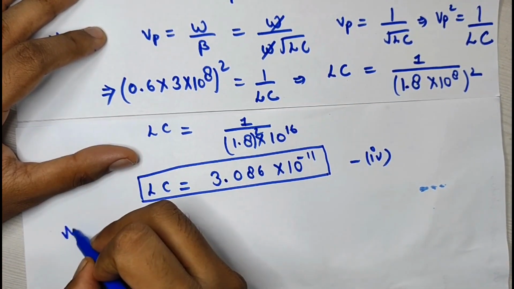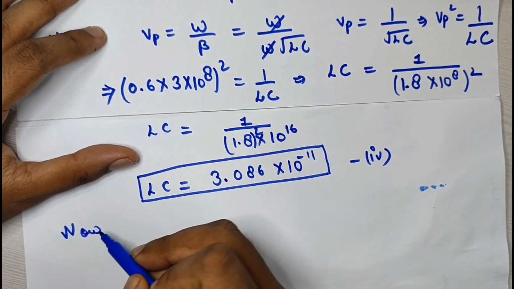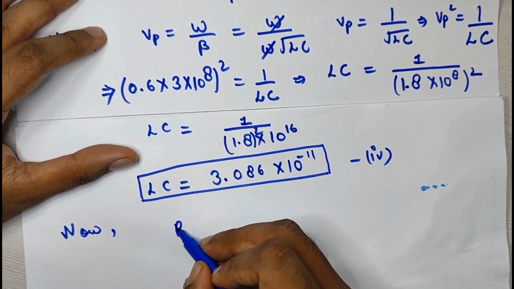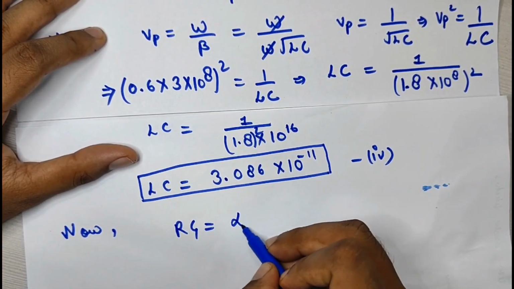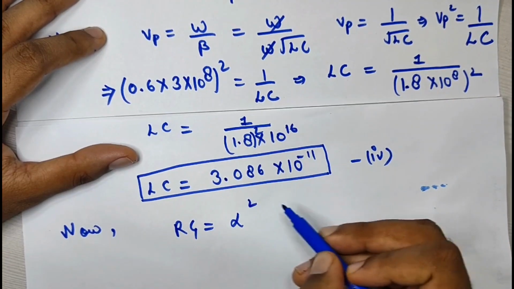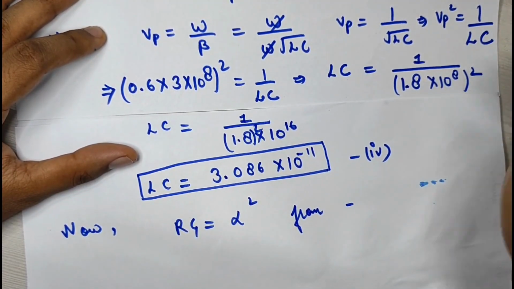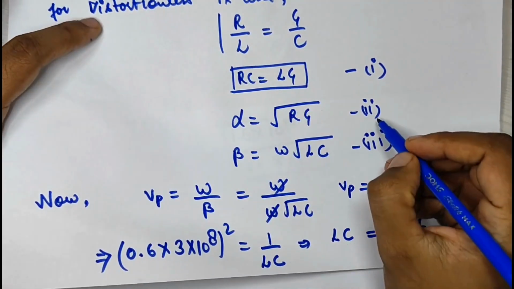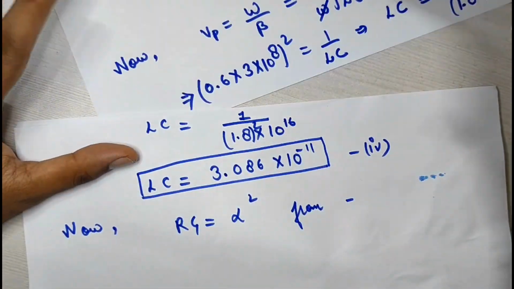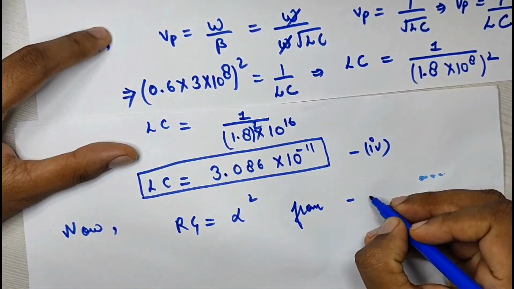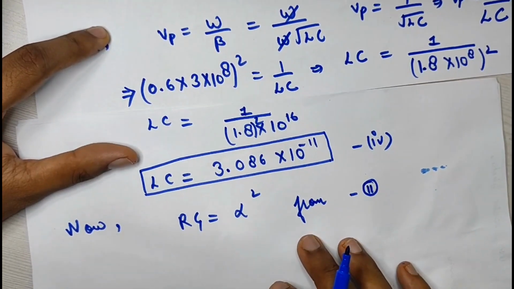We also know that RG is equal to alpha square, from the second.